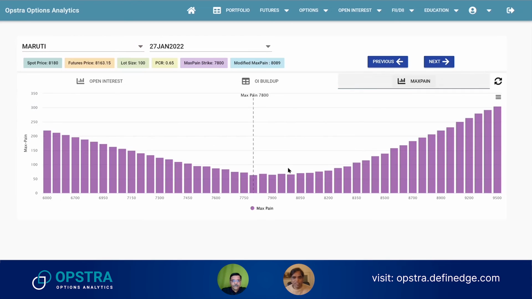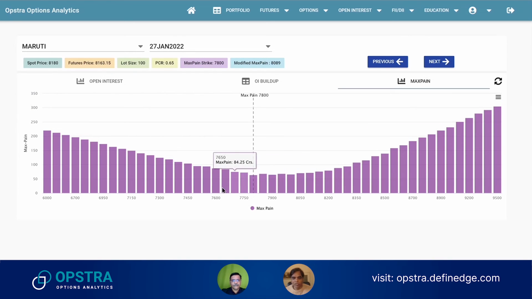Now, the third tab is max pain. The max pain tells you the strike price at which the option buyer has maximum pain and the option seller has minimum pain, because this is where the option sellers benefit the most by writing the options over the other strikes.